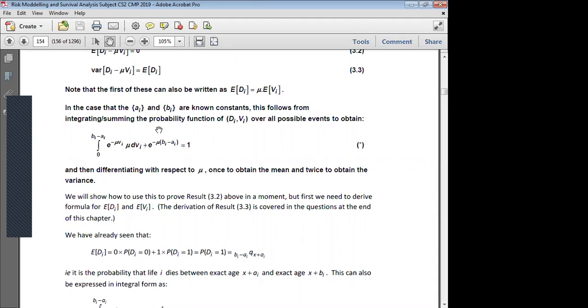Do you guys understand this? Can any of you try to guess from this what this and this represent?